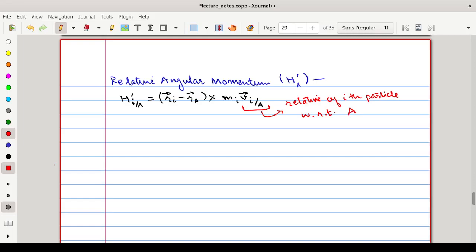This is the only difference in the definitions of relative angular momentum and angular momentum. That is, in relative angular momentum we use the relative velocity of the particle with respect to the reference point A.